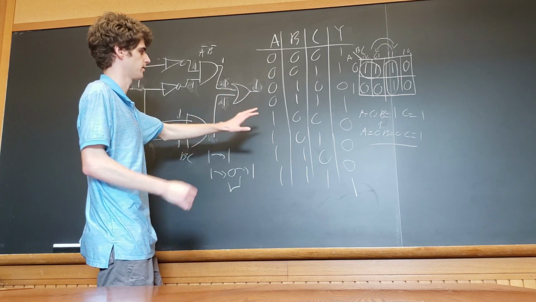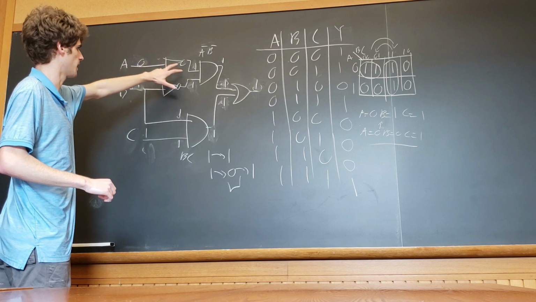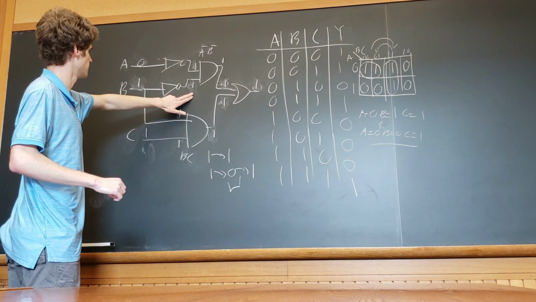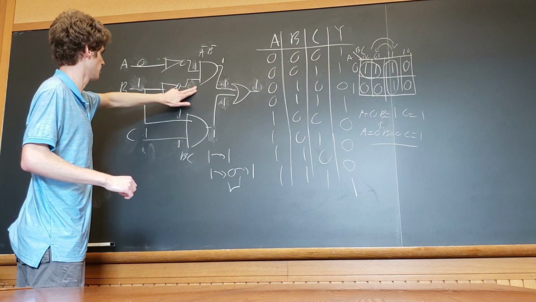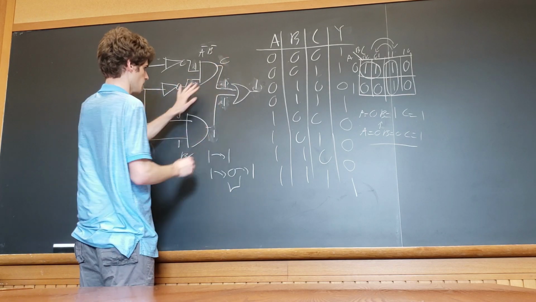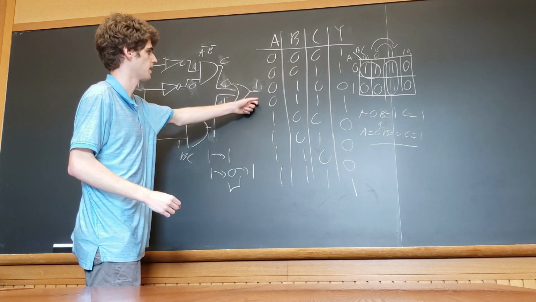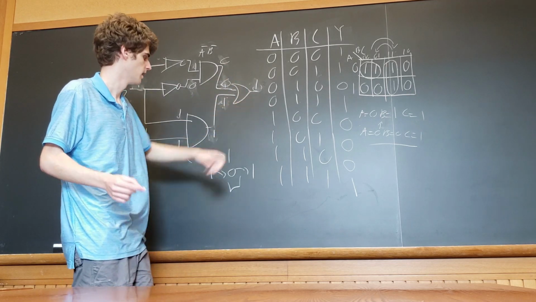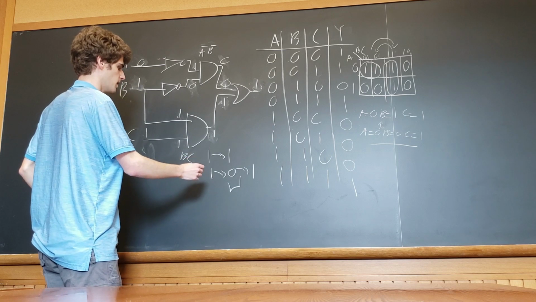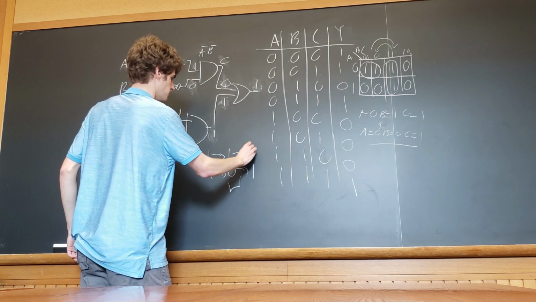Okay, so our final output is still 1. Nothing changes there. And then let's see what happened here. This is going to become a 0, which means that this is a 0, which means that this is a 0. And that doesn't matter because our final output is still going to be a 1. So we went from 1 to 1 to 1.